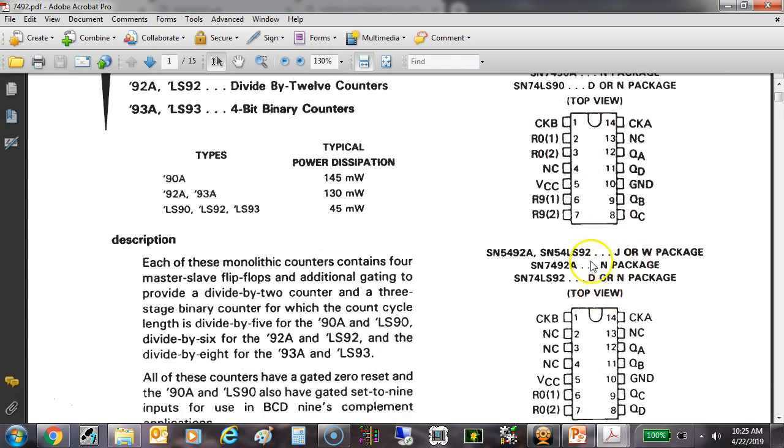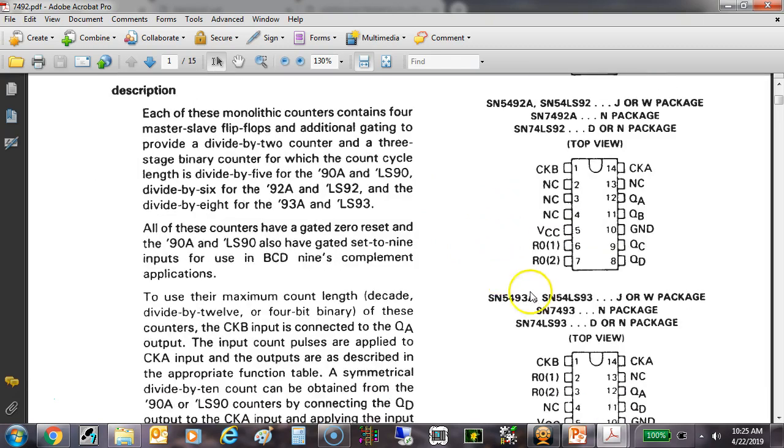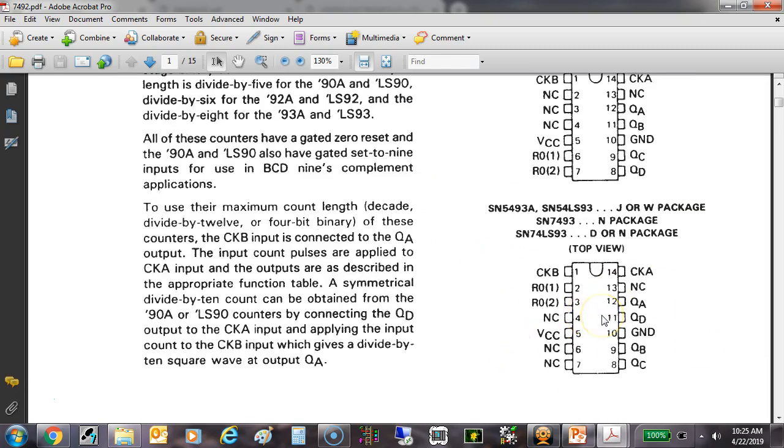We're not using that. This is the 7492. We're not using that. We're using the 7493. But remember, you have to take the QD output and connect it back into the clock B input for it to work.